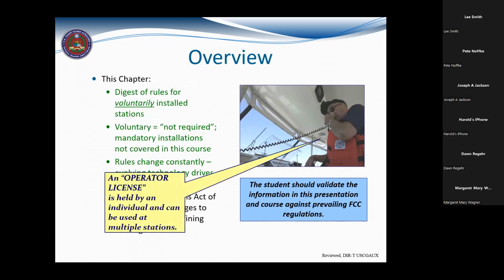Similarly, there are licenses for the operator. This means that the person who is operating knows the regulations for using it. And if they don't operate appropriately, the license can be taken away, which means they no longer can use a radio.